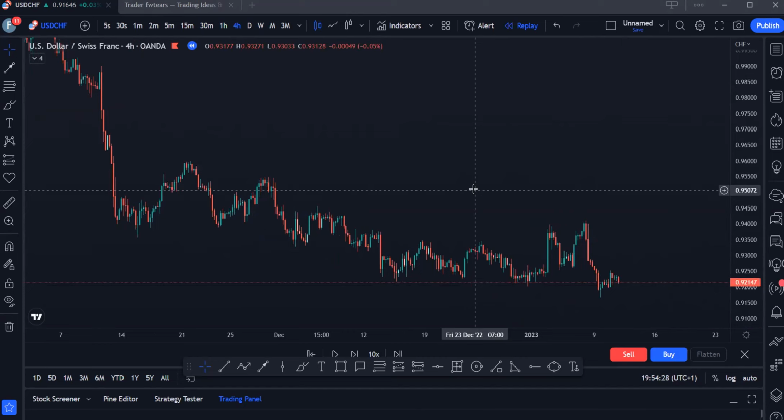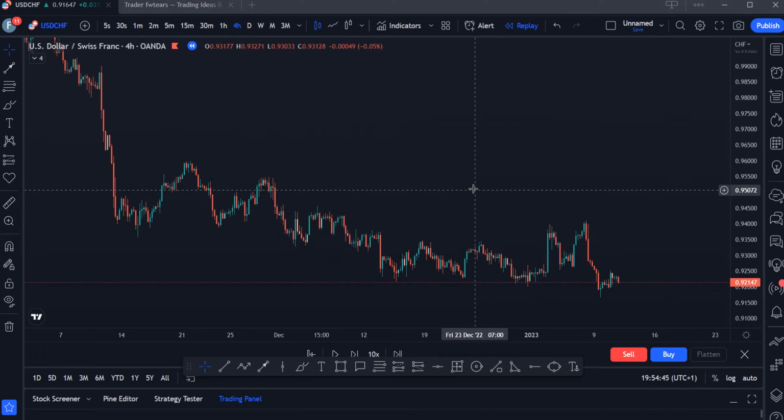And I want you to just spot areas of support and areas of resistance. Because if you don't know how to spot what has happened in the past, there's no way you can spot what is happening in real time.